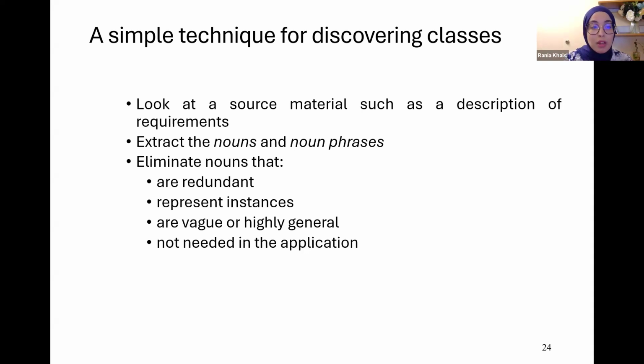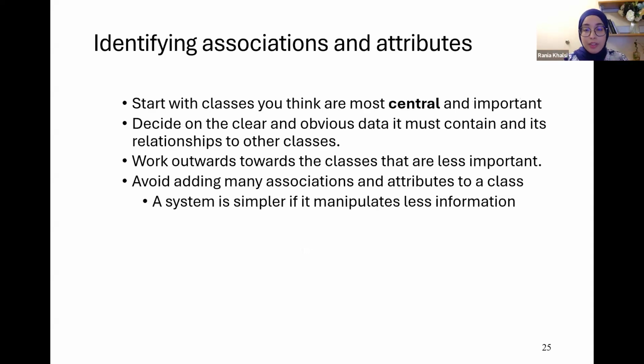Okay, after that, when you try to find the attributes and association links, which is here the easiest step, I would say, because you have already defined and identified your classes, we're just going to take a look at the verbs in your text in order to identify the associations between them. So it's easy to just find your attributes and associations.